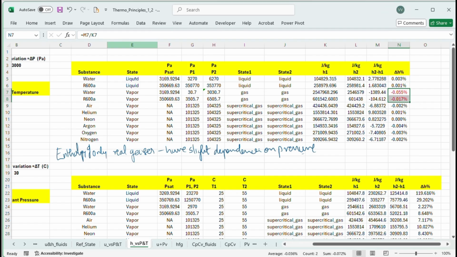For liquids and for ideal gases like air, helium, the dependence is very negligible. There's almost no dependence.